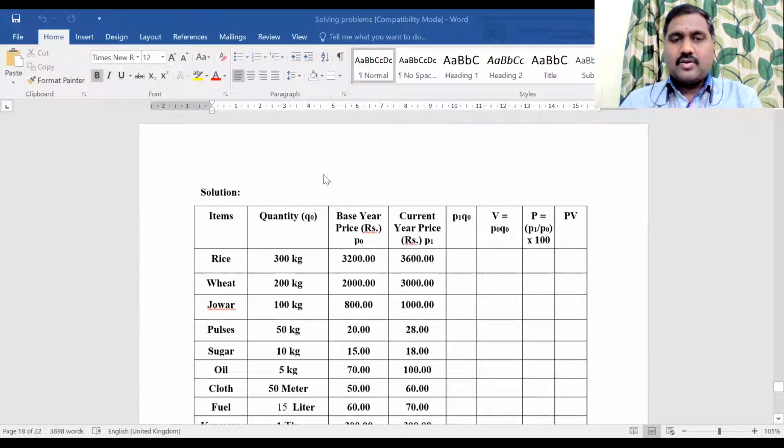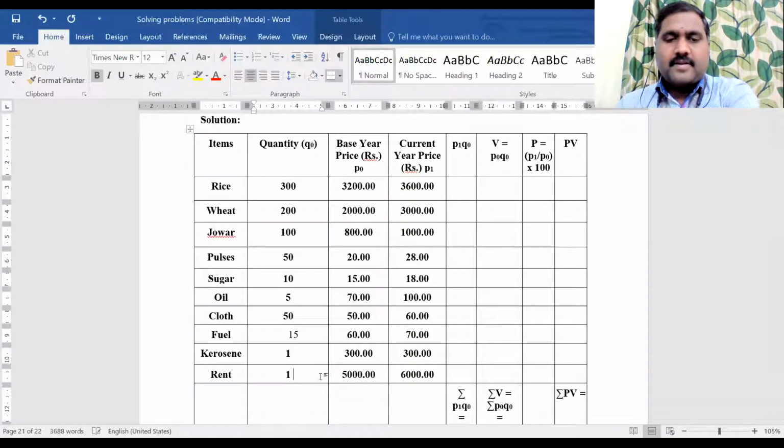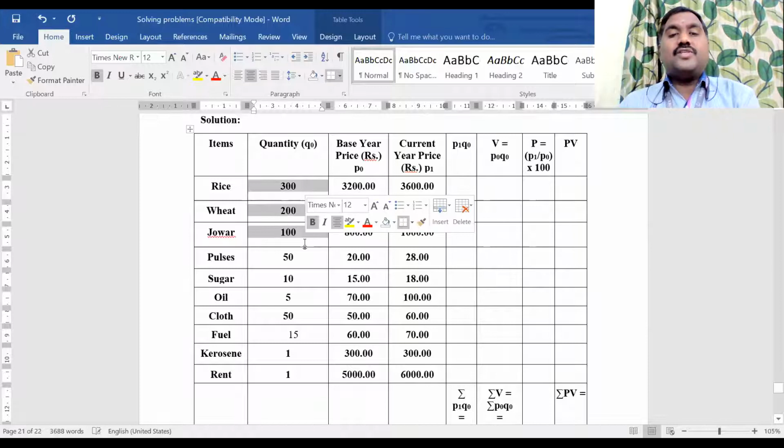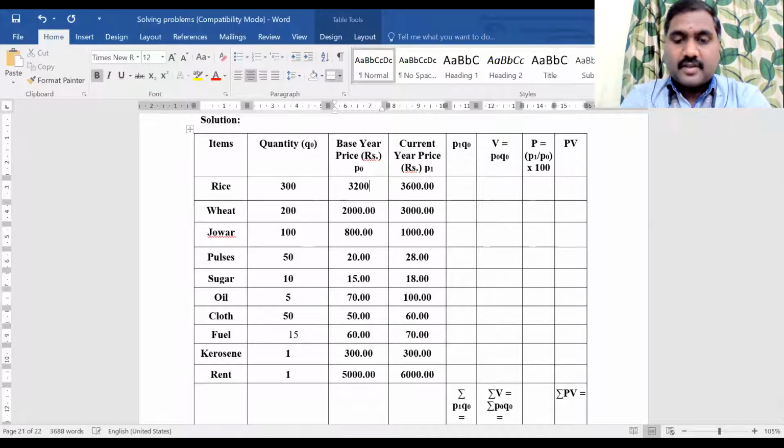Now see, this is the quantity, which is Q0. You don't have to mention the unit. Now, what is the base here? P0, this is 3,200, but they are given per quintal. We need to convert into kg because these values are given in kg. So 3,200 divided by 100 will be equal to 32.